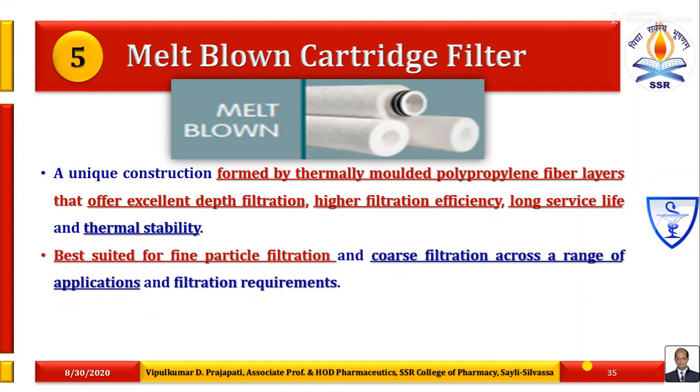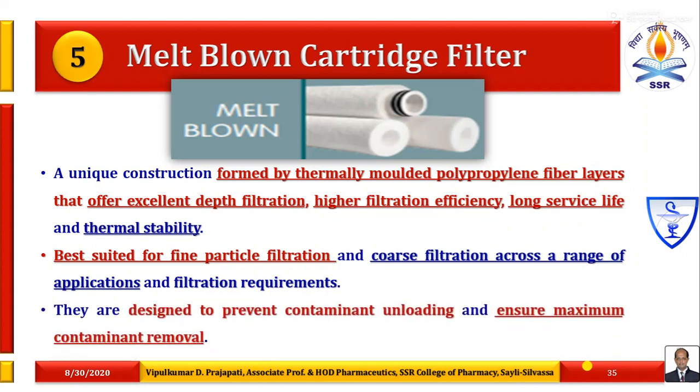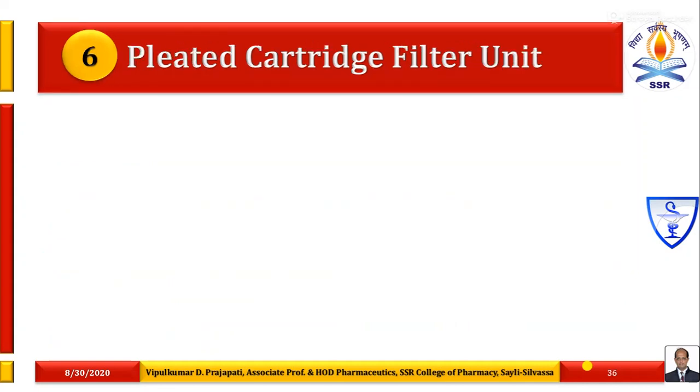Best suited for fine particle filtration and coarse filtration across a range of applications and filtration requirements. They are designed to prevent contaminant unloading and ensure maximum contaminant removal. So this is the melt blown cartridge filter.